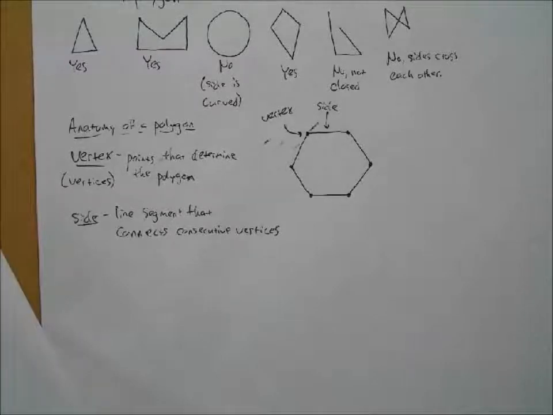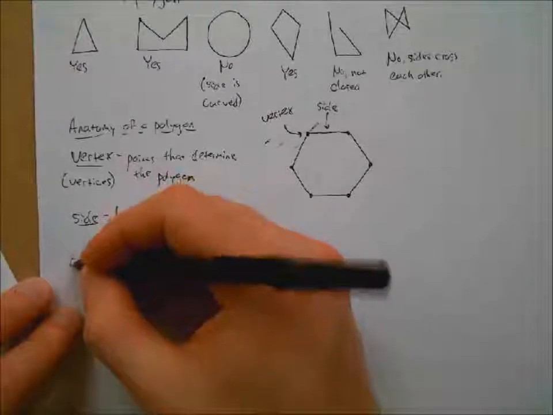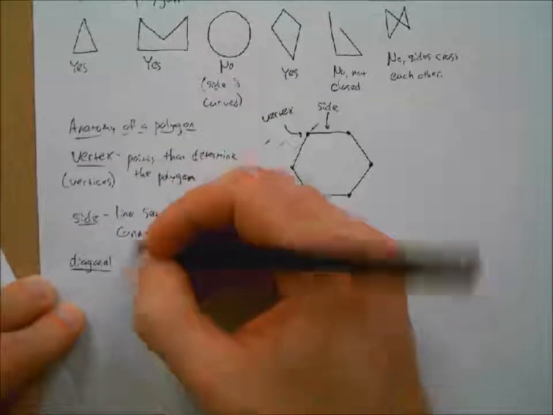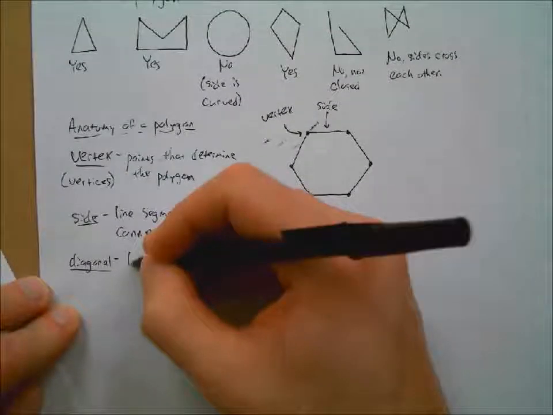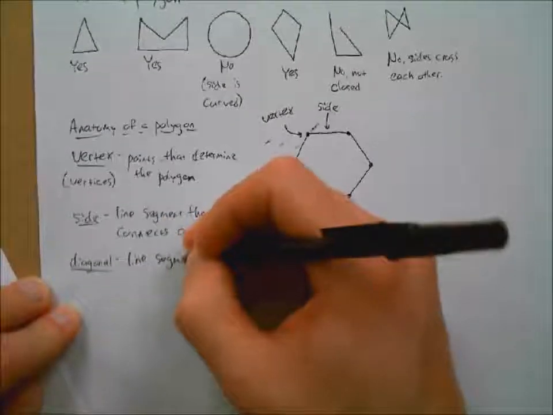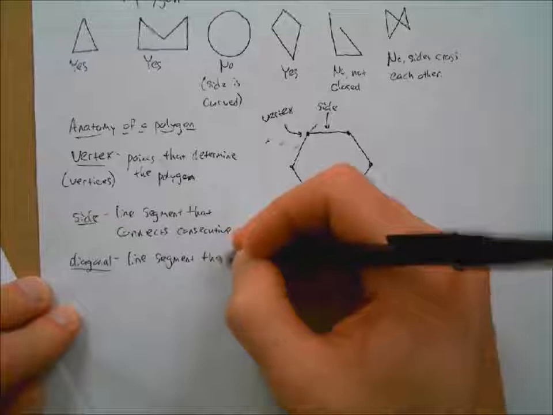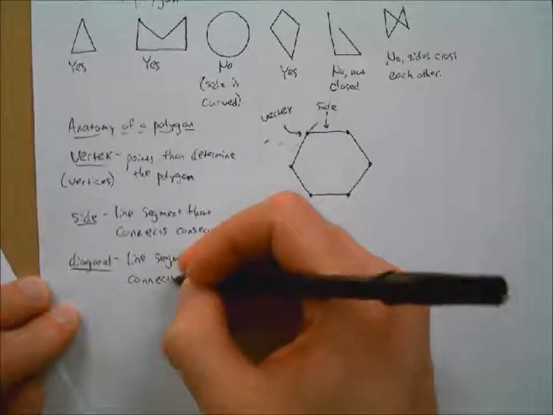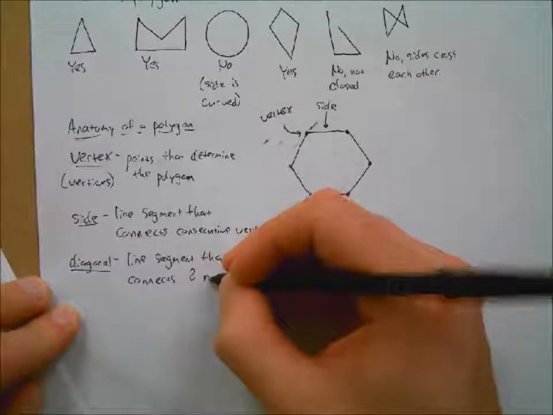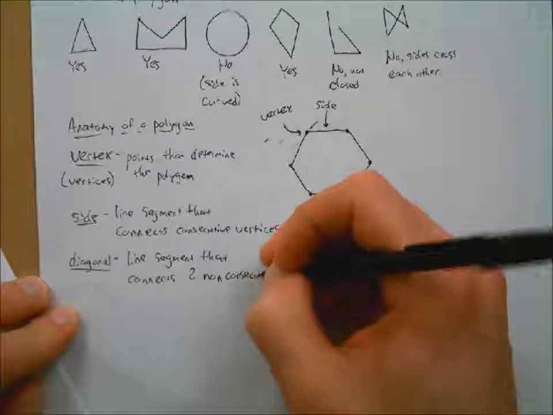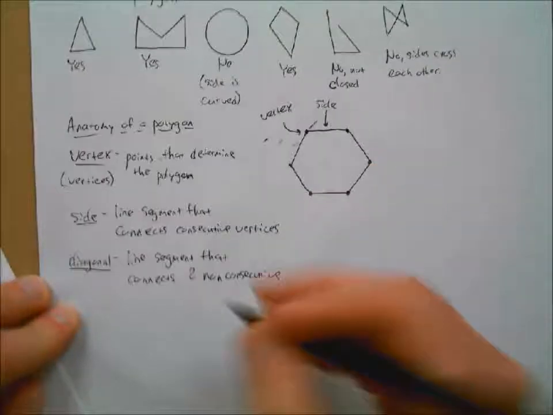And then we have something called a diagonal. A diagonal is a line segment that connects two non-consecutive vertices.